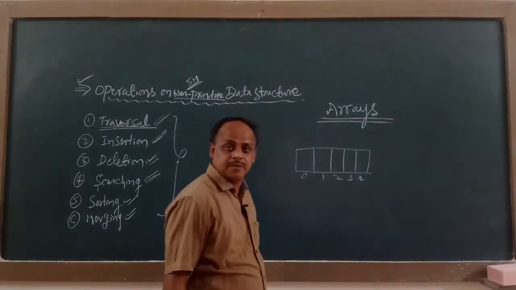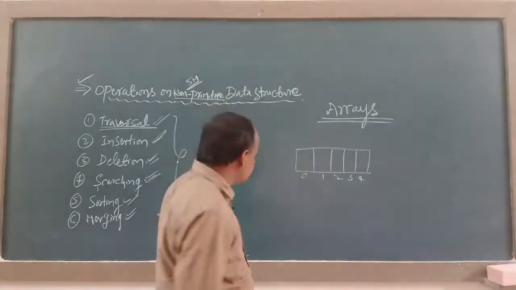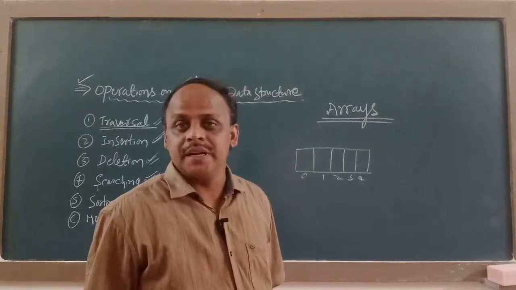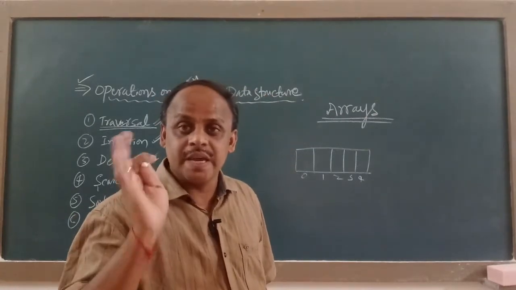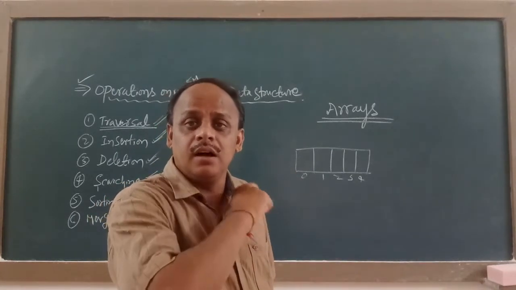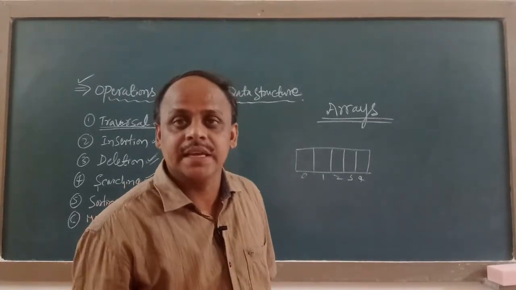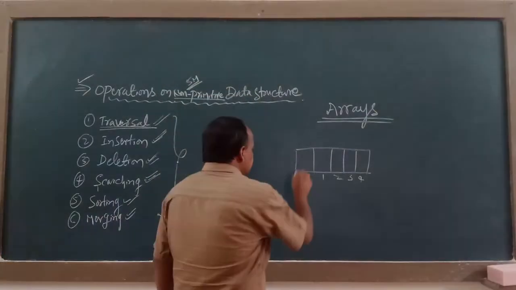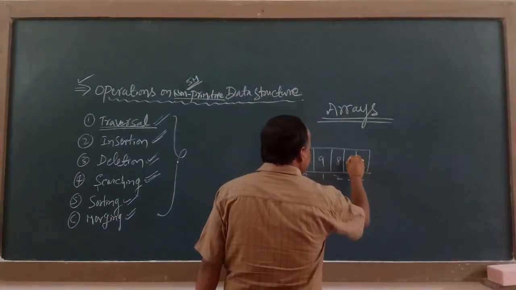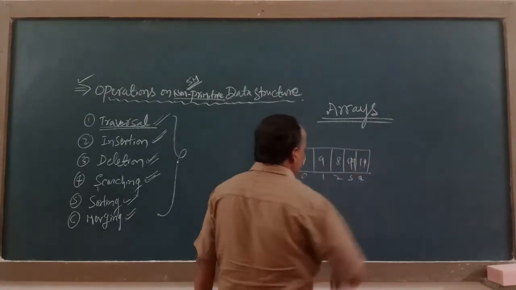An array must contain the same kind of element in all locations. Homogeneous means the same kind of element: all may be integer, or all float, or all character. For example, 7, 9, 8, 99, 19.